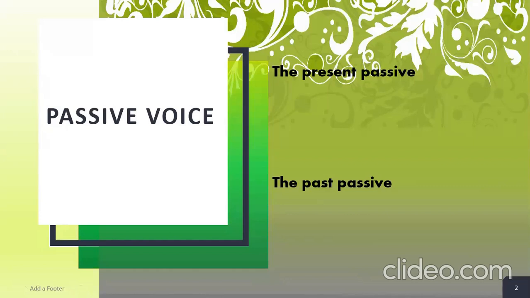I mean, we studied the present passive and the past passive, right? So now we want to know how to form a passive sentence with the modal verb can, right?